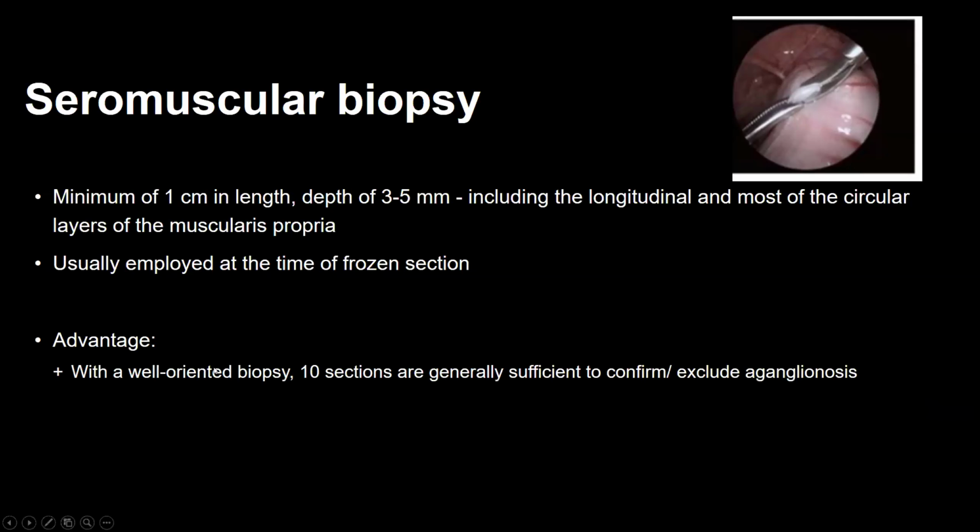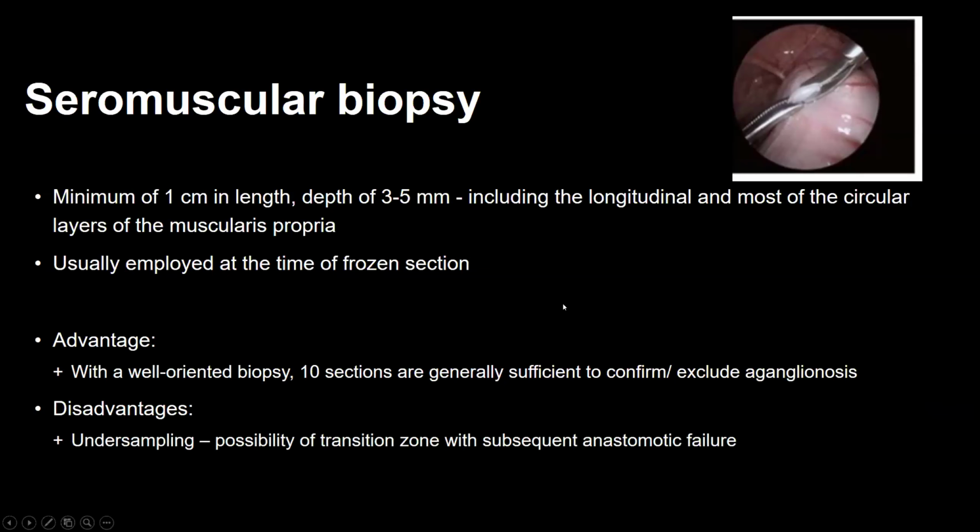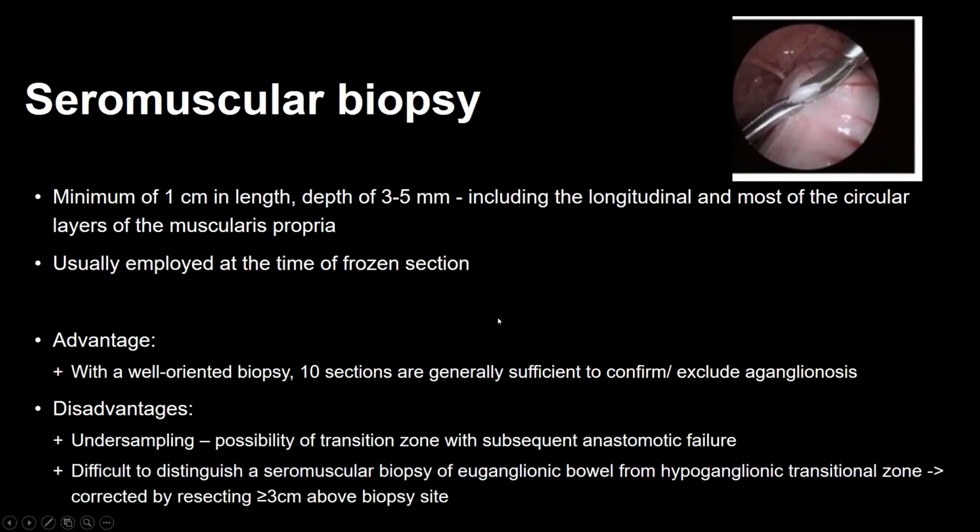So the advantages, of course, with a well-oriented biopsy, 10 sections are generally sufficient to confirm or exclude a ganglionosis. But of course, like I mentioned when I showed you the transition zone, if you biopsy an area that has ganglion cells and on the lateral border, away from it, there's a transition zone and there's no ganglion cells, well, you might not be able to tell that based on this biopsy.